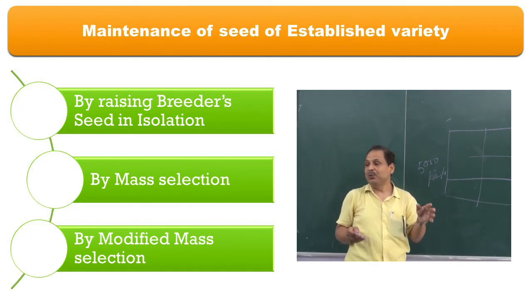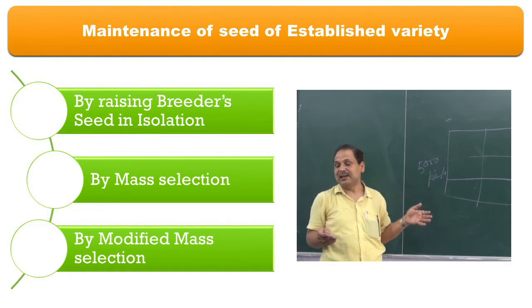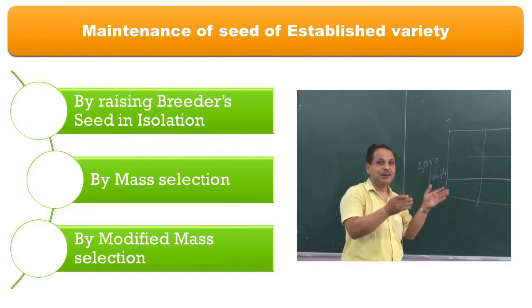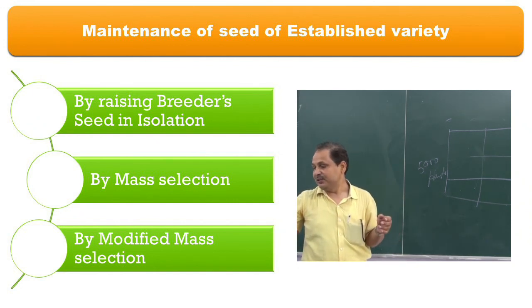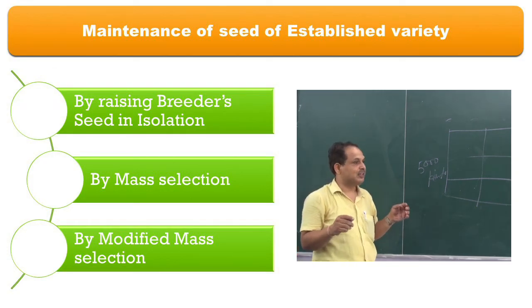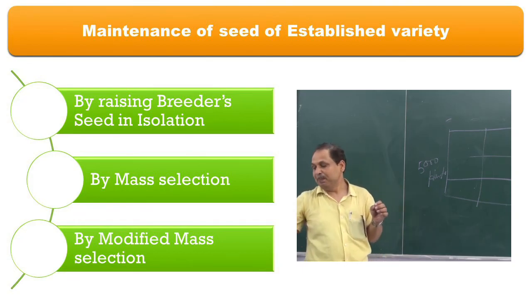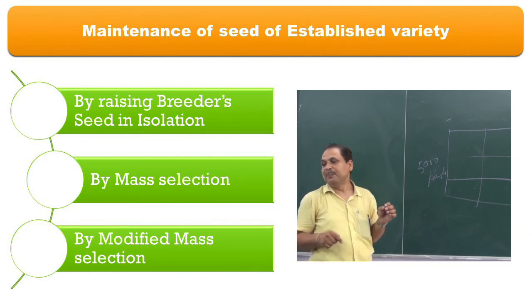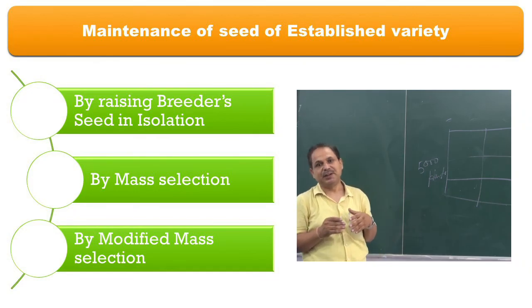In that case, we can again raise breeder seeds in isolation, and then mass selection and modified plant selection are implemented for maintaining breeder seeds of established varieties. This way we finish the maintenance of nucleus and breeder seeds of different crops. Thank you very much.